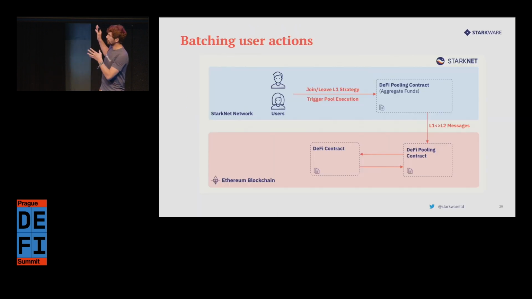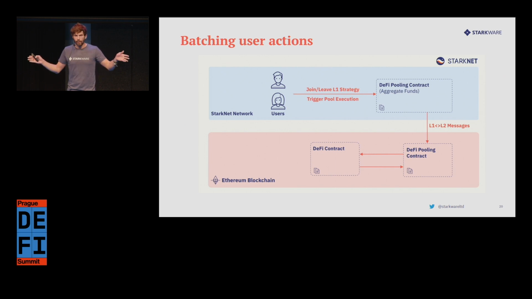On L2, you gather users. They will deposit money on your protocol on L2, say, USD. Every now and then, you will get a message moving from L2 to L1 that will, at that point, actually move the funds on L1.